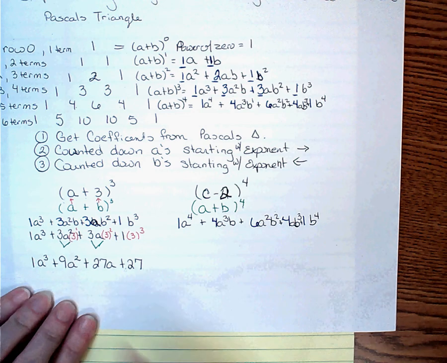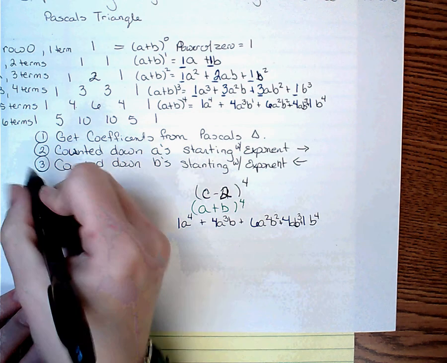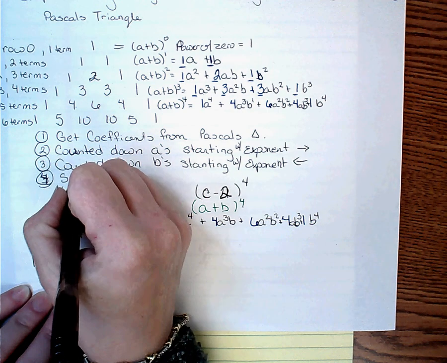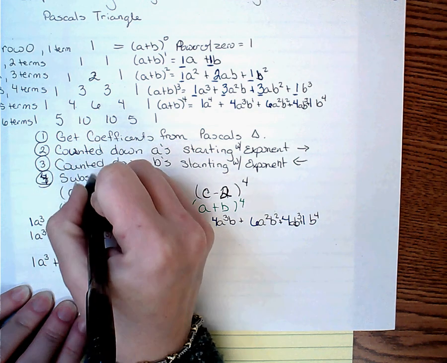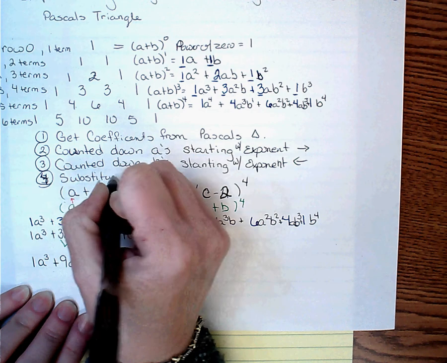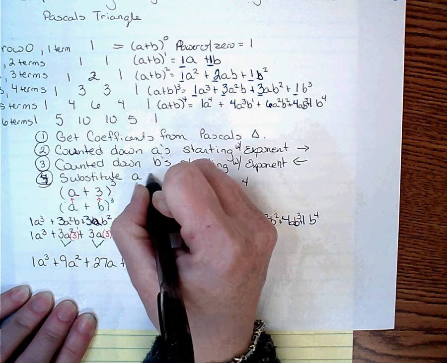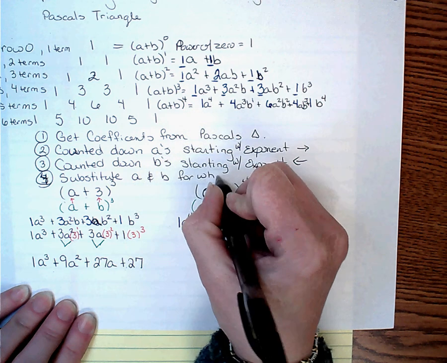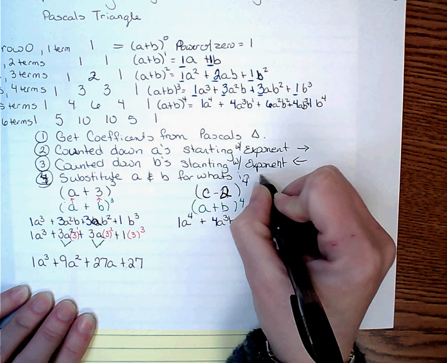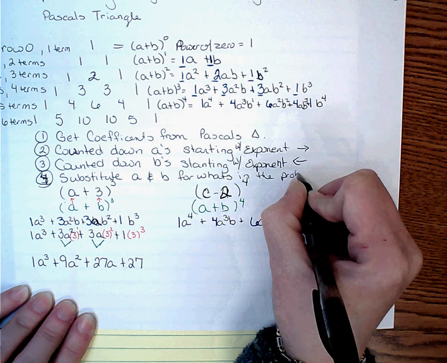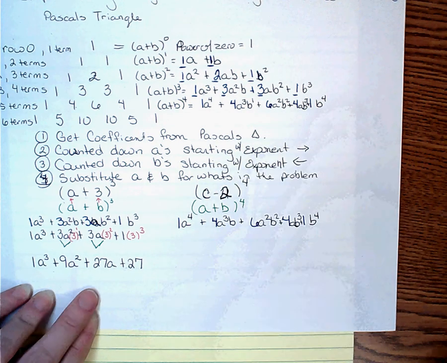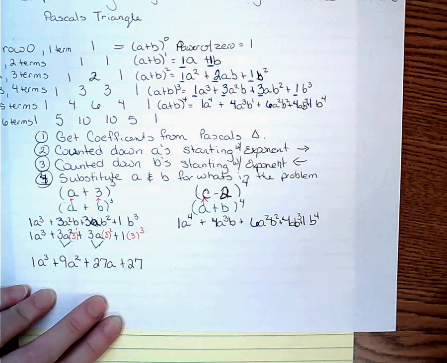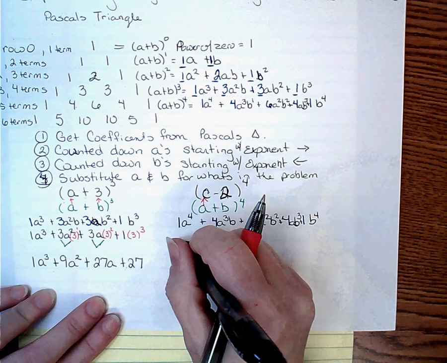Now, the step that I did over here that I left out, step 4, was we substituted our a's and b's for what's in the problem. What that means is wherever I see an A, I'm going to replace it with what's above A. So I now have 1.